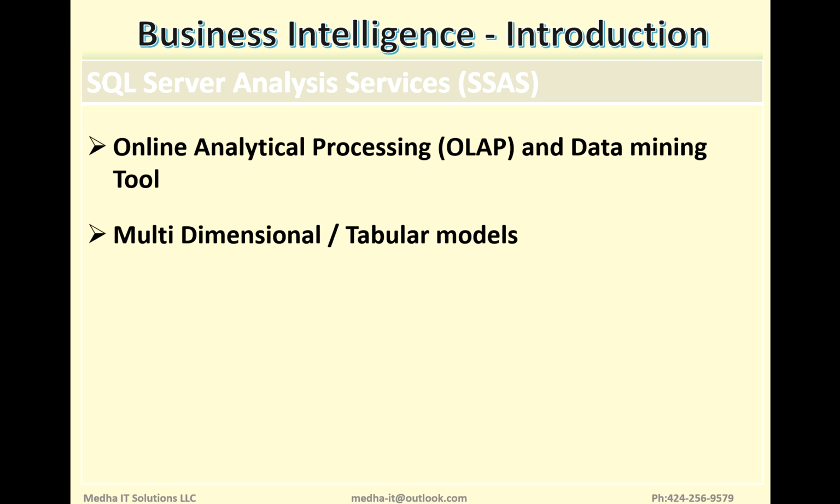Okay. So analysis services has both multidimensional model and tabular models. So it's basically how the data is stored within the server and how we build the models. But for the end user, multidimensional model as well as tabular model gives the same experience. Okay.